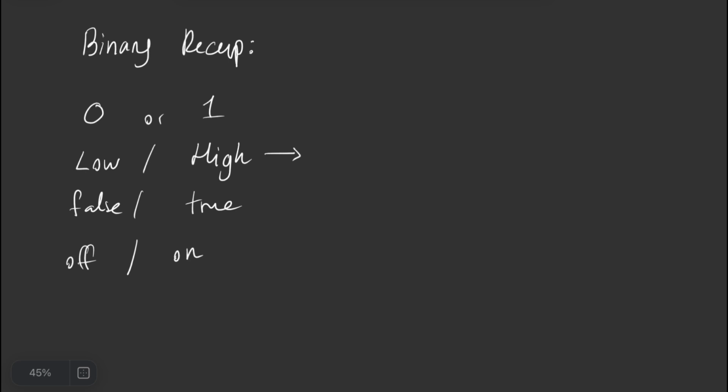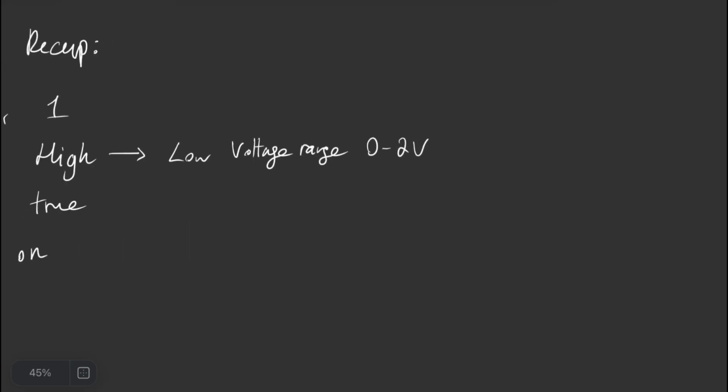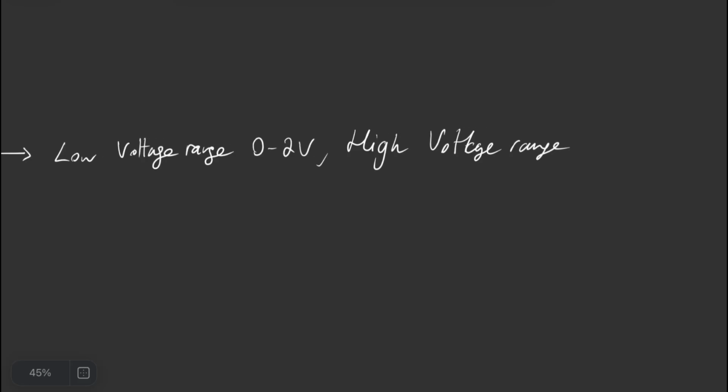Now just remember, when I say binary values can represent low or high, what I'm talking about are voltage ranges. So, for example, a 0 in binary can represent a low voltage range, which is normally around 0 to 2 volts, I believe. And then a 1 can represent a high voltage range, which is normally 3 to 5 volts.